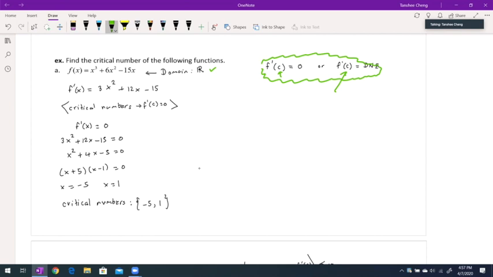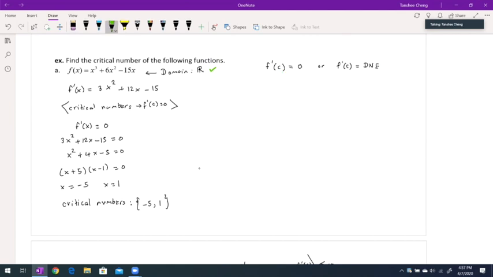So therefore, after I take the derivative f prime, which is going to be 3x squared plus 12x minus 15, my critical numbers for this particular problem will only happen when f prime of C is equal to 0.